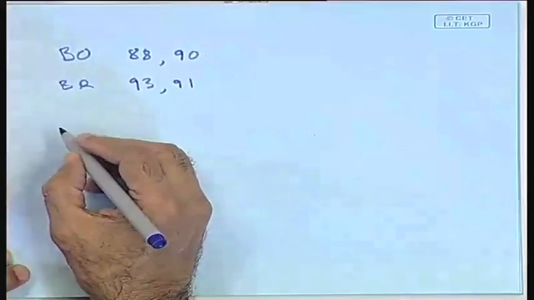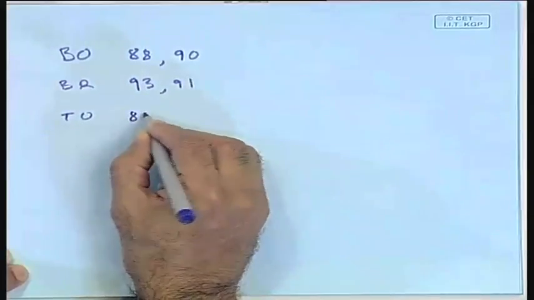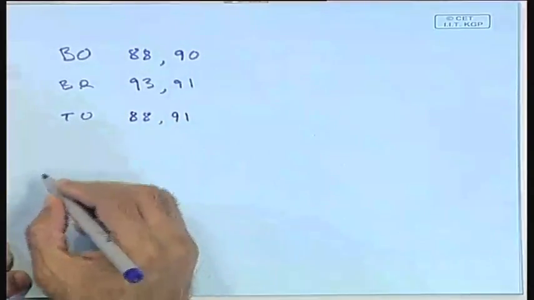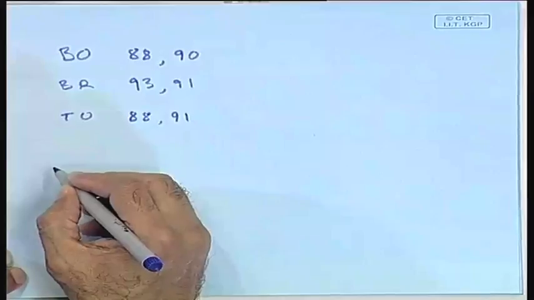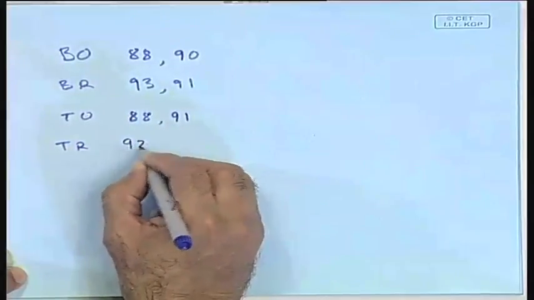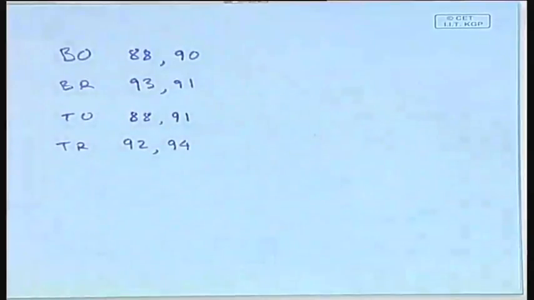And for the TO combination, my scores are 88 and 91. And for my TR combination, my scores are 92 and 94. This is the data that I recorded.